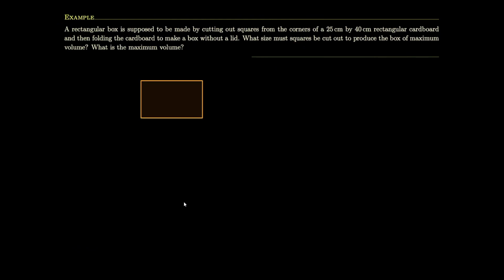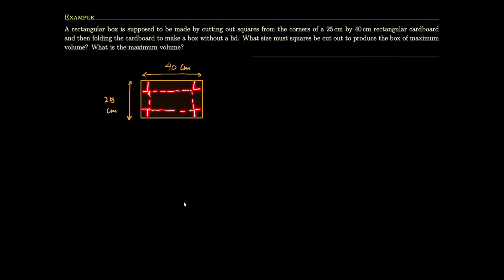Okay, so for example, say from here to here is 25 centimeters, and from here to here it is 40 centimeters. What we are supposed to do is cut some squares with the same size, of course, from the corners, and then fold these parts up.